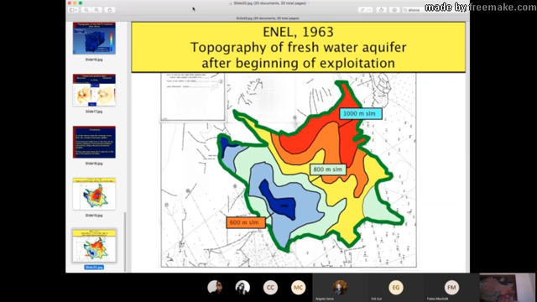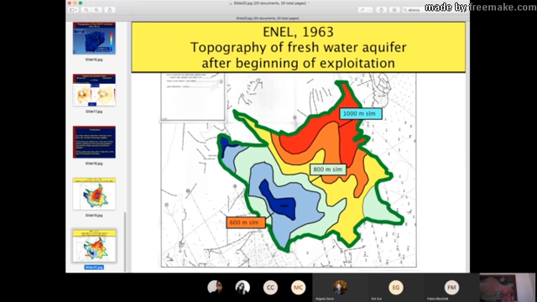So since the Roman time, the mercury was extracted here at Amiata to mine the gold from all the mines around, also northern Italy and Europe.